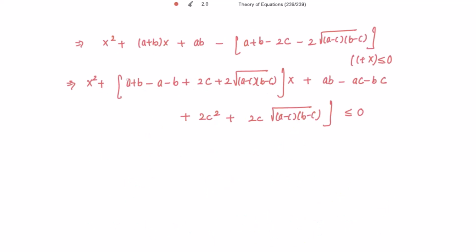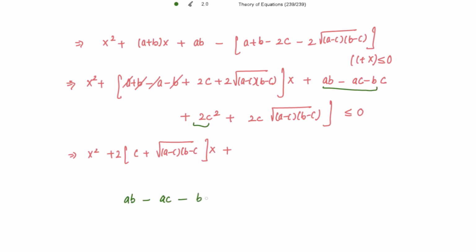This a cancelled out, this b cancelled out, and we get x² plus, taking 2 outside, 2(c + √((a − c)(b − c))) into x plus, if I consider these 4 terms first, that is ab − ac − bc + 2c². Can I write 2c² as c² + c²?